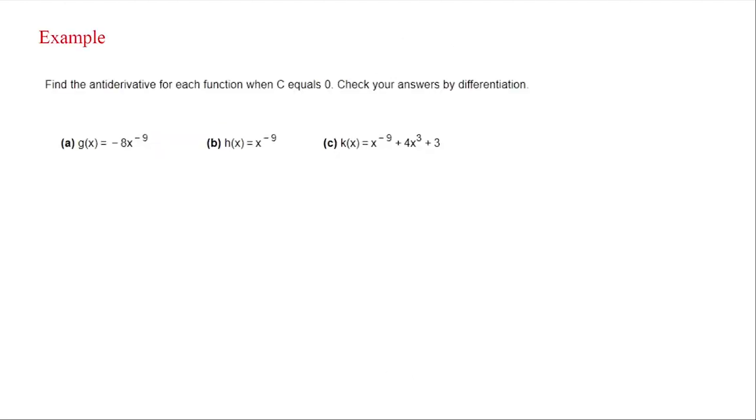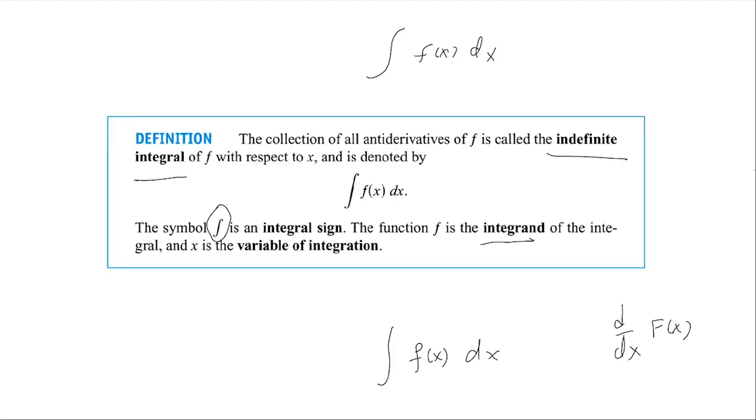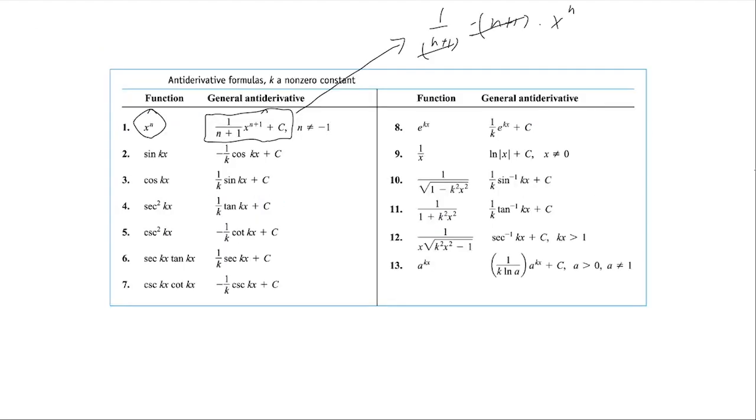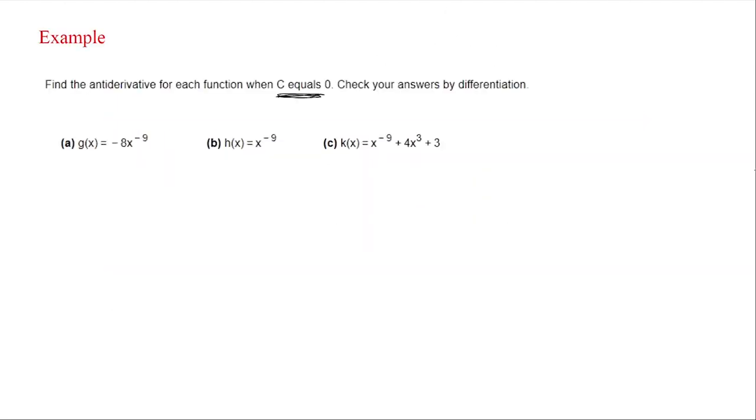I'm going to show you a couple of examples here. Find the antiderivative for each function when c equals 0. So you get the answer in terms of c, and then you plug in c equals 0. If you use the first formula, whenever you see x to the power n, the antiderivative of g of x, which I'm going to write as the integral of g of x dx, is equal to -8.